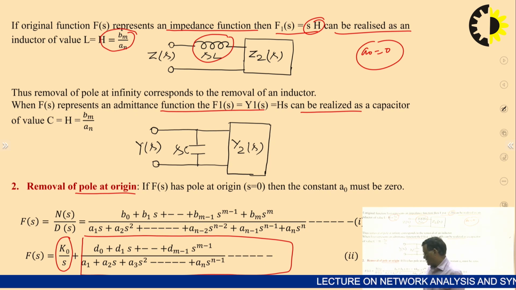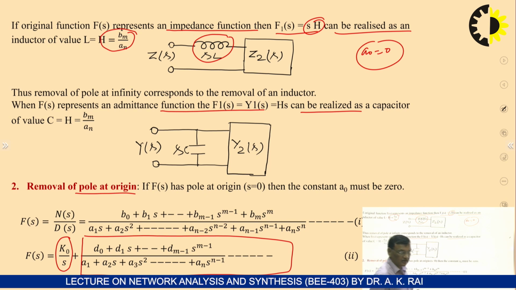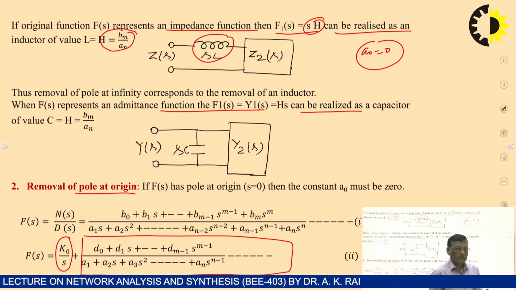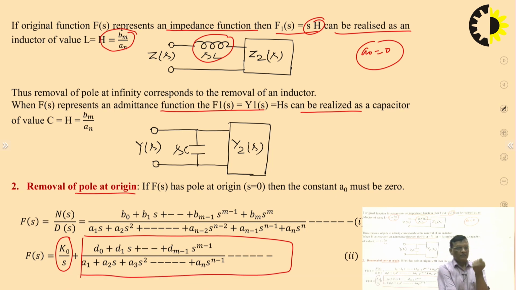So suppose this F(s) is an impedance function. If F(s) is impedance, then this element is a capacitor. So if you remove one pole at the origin, if the function is impedance, we get one capacitor element of capacitance 1 by K0.